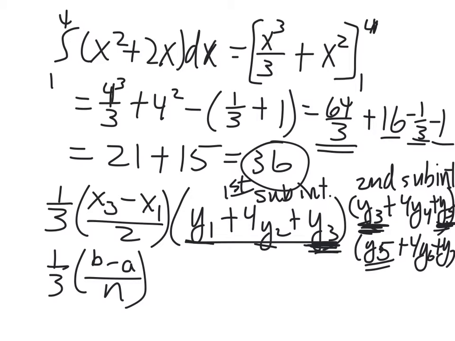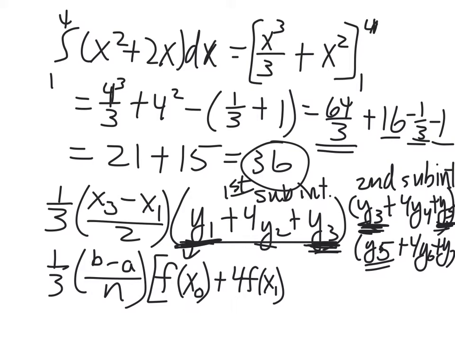So with that in mind, and thinking in terms of our partition the way we do it, y sub 1, well, normally we say a is x sub 0 rather than x sub 1. So the y sub 1 in our parabola formula will relate to f of x sub 0. Then we'll have 4 of the function value evaluated at our next x value.